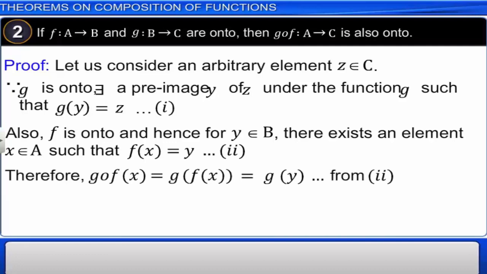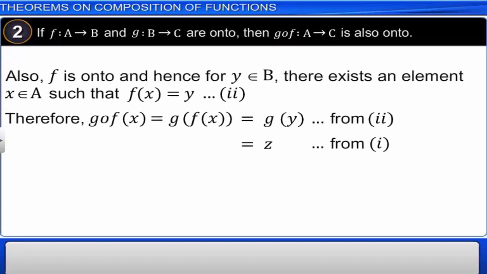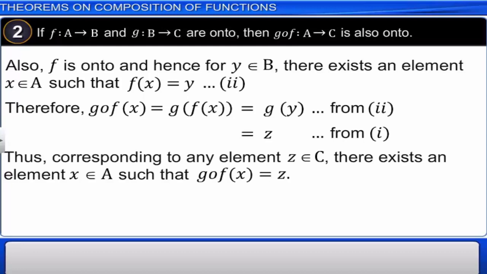Therefore, g circle f of x is equal to g of f of x, which is equal to g of y from equation 2. And g of y is equal to z from equation 1. Thus, corresponding to any arbitrary element z belonging to set C, there exists an element x belonging to set A such that g circle f of x is equal to z.